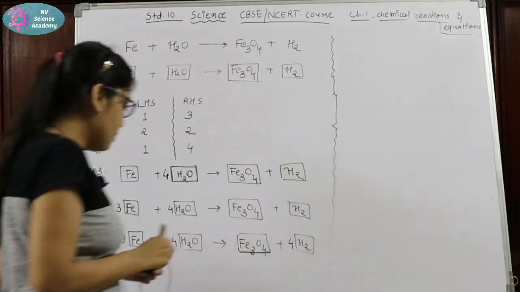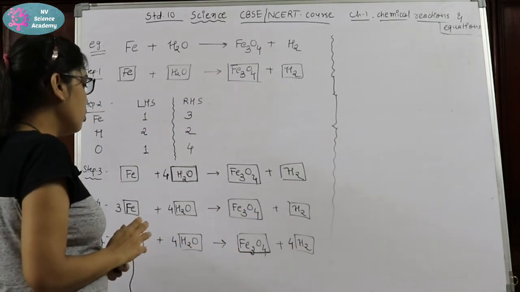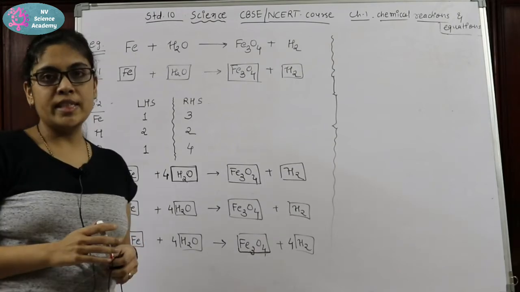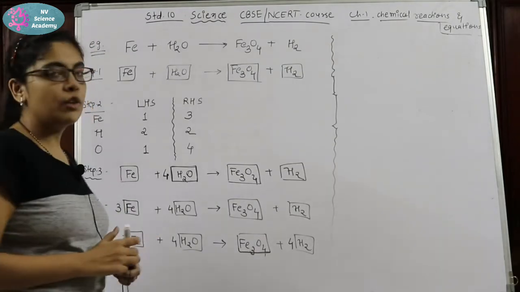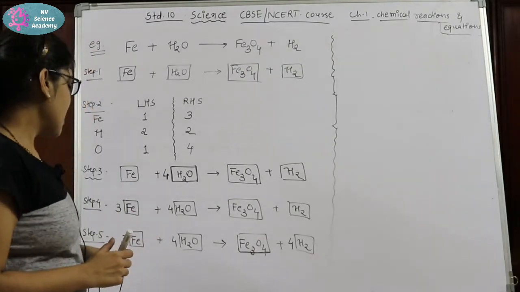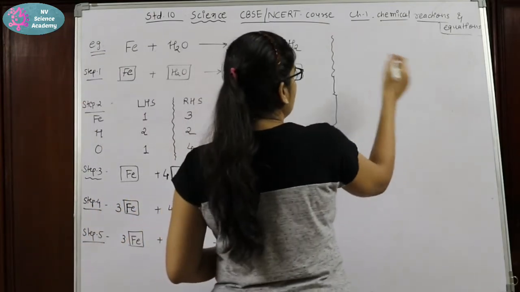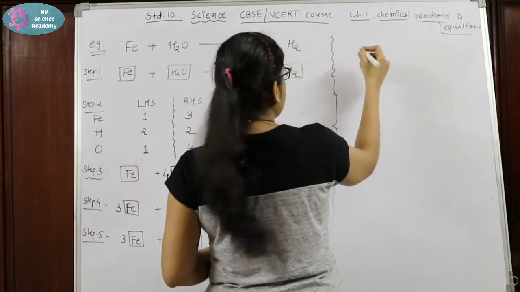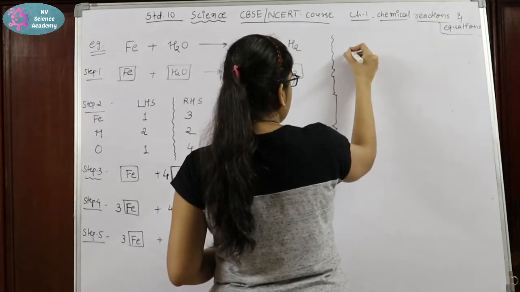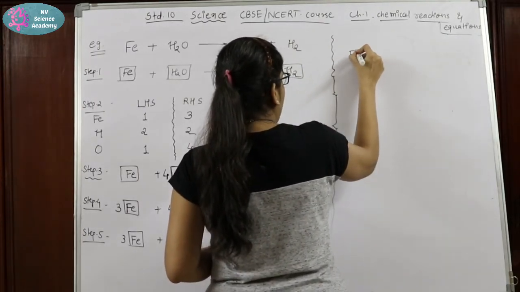In our next step, you have to write the physical states to make the equation more informative and complete. So we will now write down the physical states of each substance. Fe.